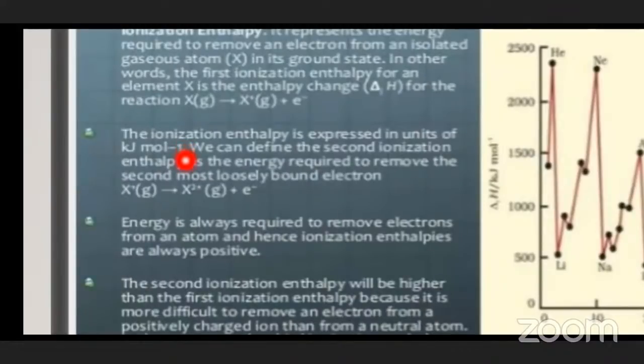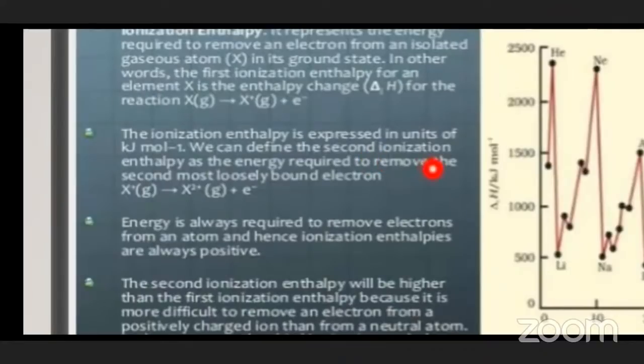Energy is not released here; energy is absorbed by the element. That's why it is taken as positive. The ionization enthalpy, which is energy also called enthalpy, is expressed in units of kilojoule per mole. Why kilojoule mole inverse? Per mole, how many kilojoules of energy is used? That is the meaning of that.